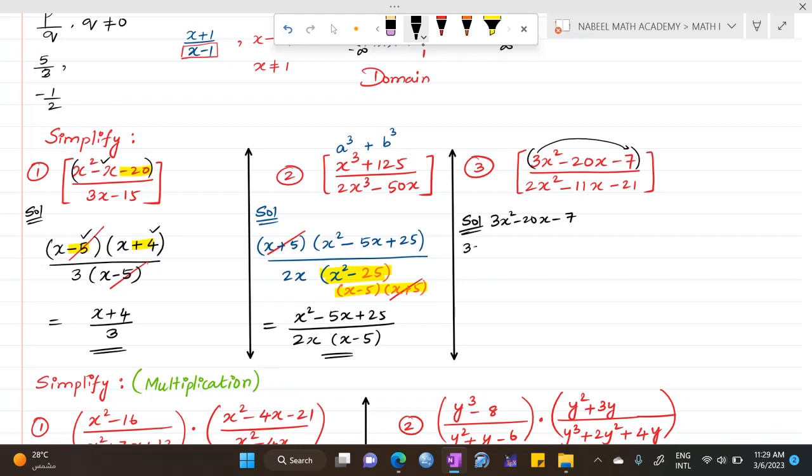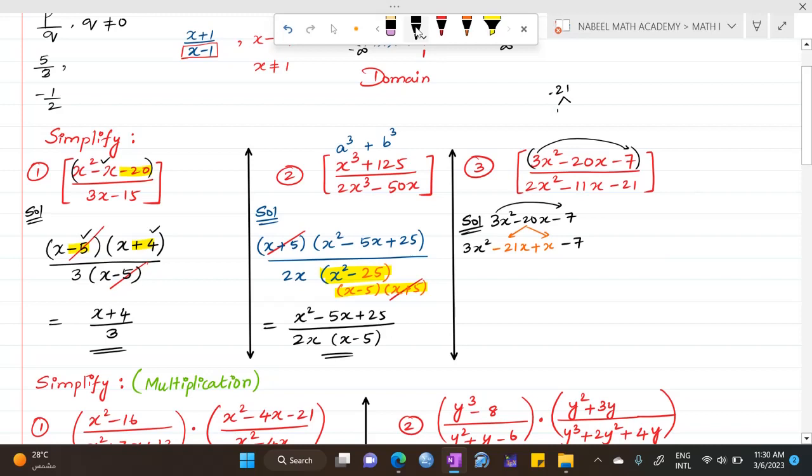The leading coefficient is 3x square. It can be solved by using grouping. So I have to use this rule. So it is minus 21x, and then plus x for this part, and the remaining is minus 7. If you multiply these two, you will get minus 21.